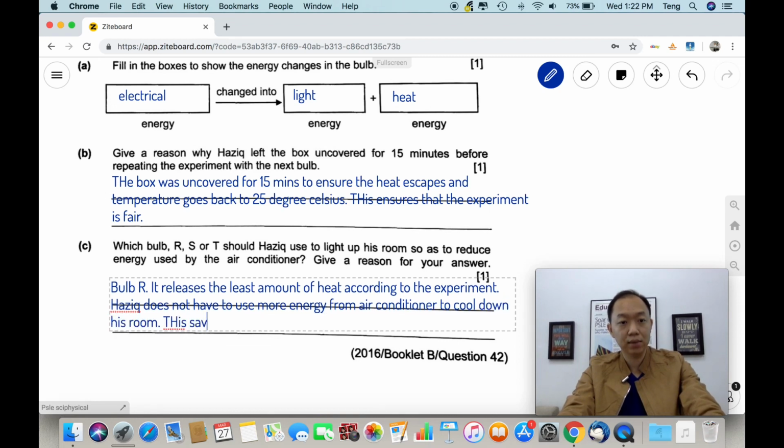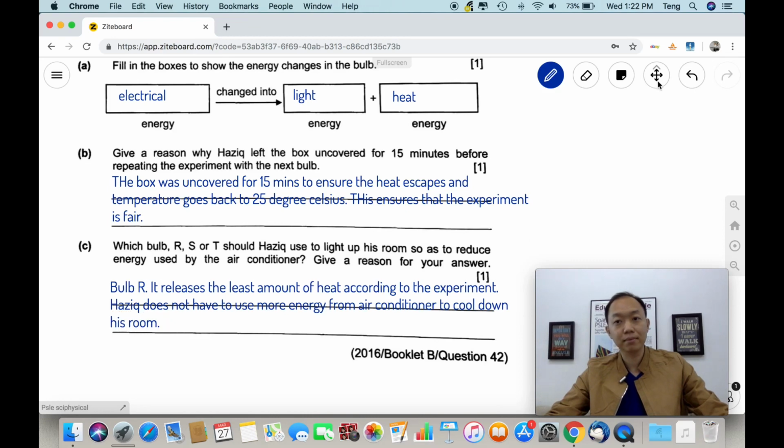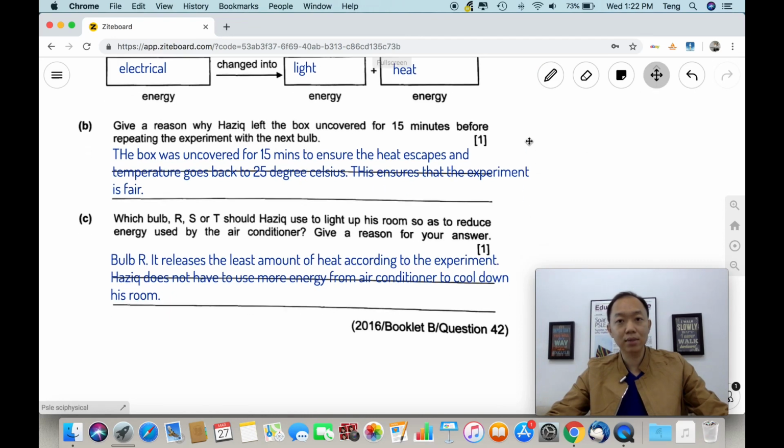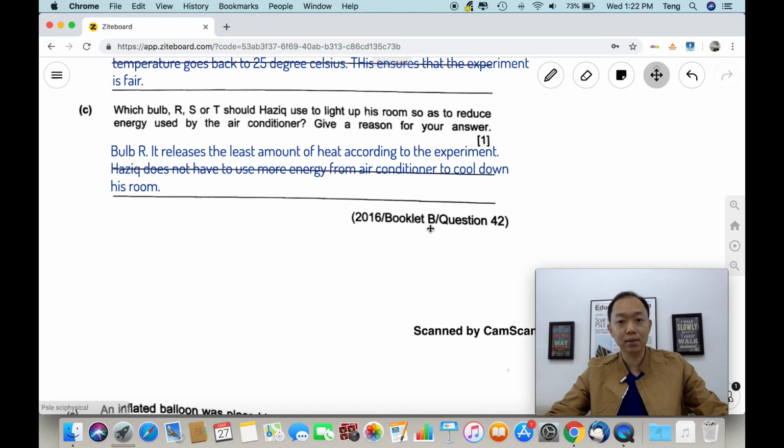Okay, so about R, it releases the least amount of heat, so he does not have to use more energy from the air conditioner to cool down his room, hence using less energy. That's it. Okay, I think we are done with the 2016.